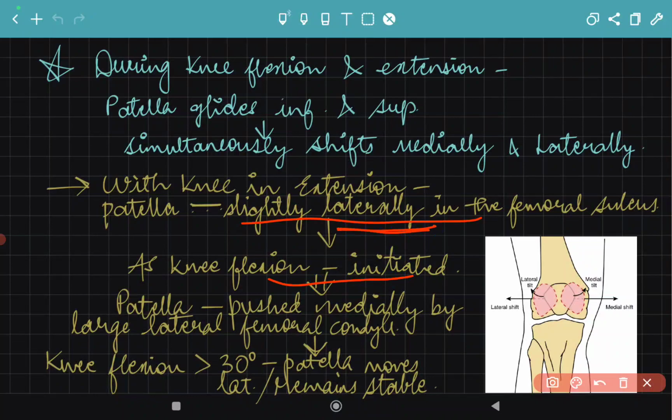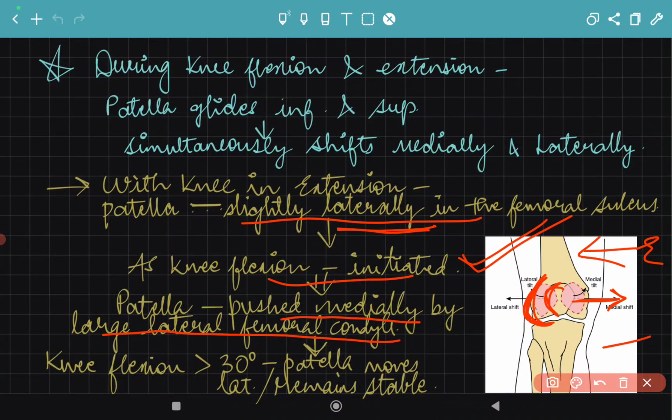As flexion of the knee joint is initiated, that patella is pushed medially by that large lateral femoral condyle. See, in this diagram, the knee is in extension position. Now as the flexion begins, this laterally placed patella on the femoral sulcus will be pushed or shifted medially by the large lateral femoral condyle. So this is clear with this diagram.